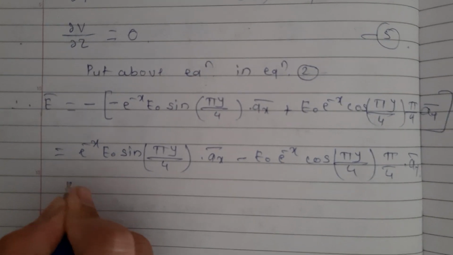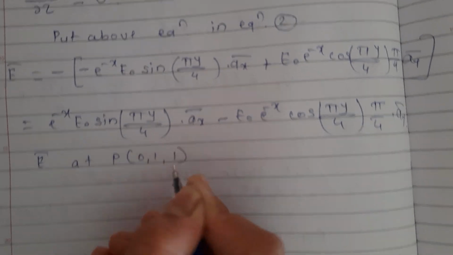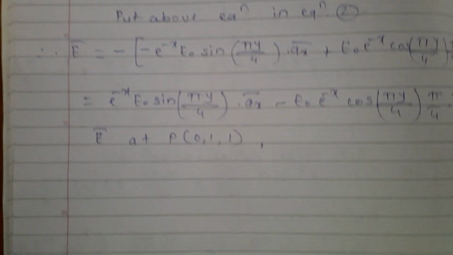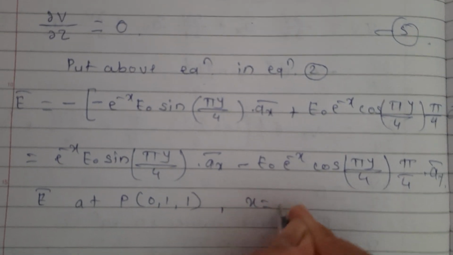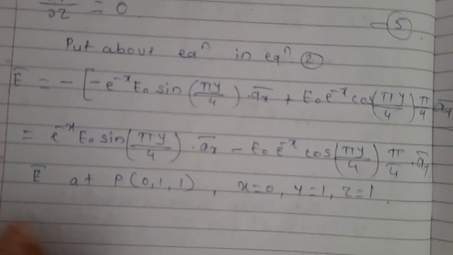Now we have to calculate E bar at point P (0, 1, 1). We have x equal to 0, y equal to 1 and z also equal to 1.